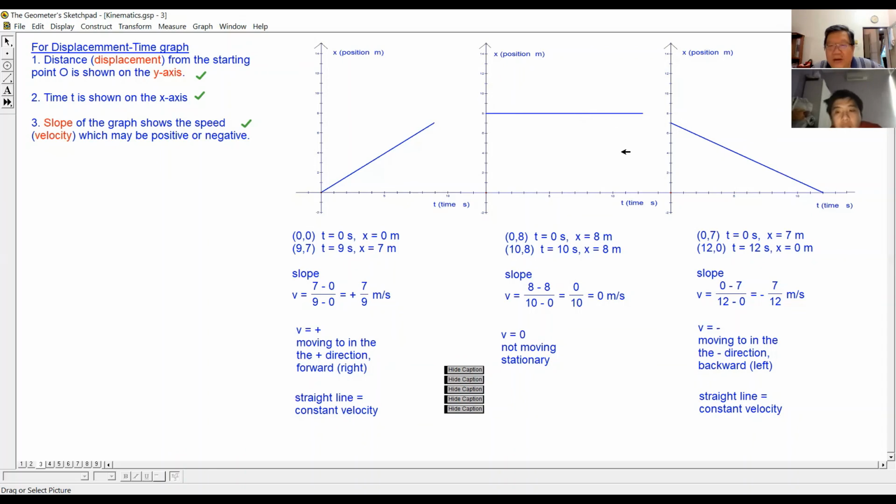Not moving. So this is what you need to recognize. If it is not moving, velocity is 0. If it is moving, you have to find the slope of the line to determine the actual velocity. Displacement-time graph.